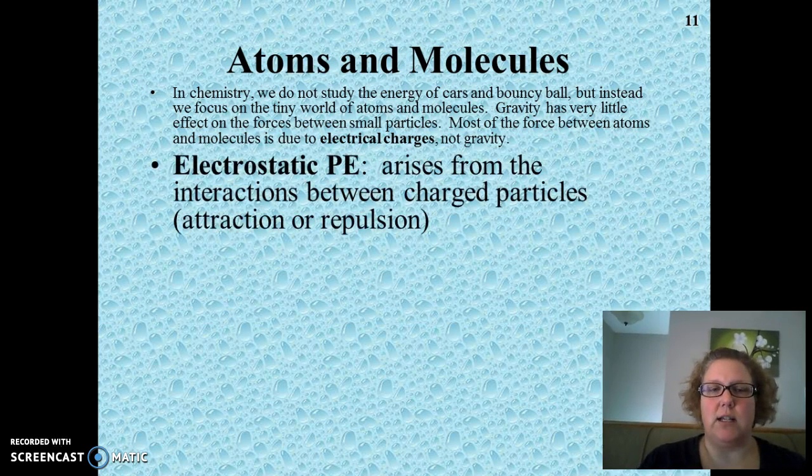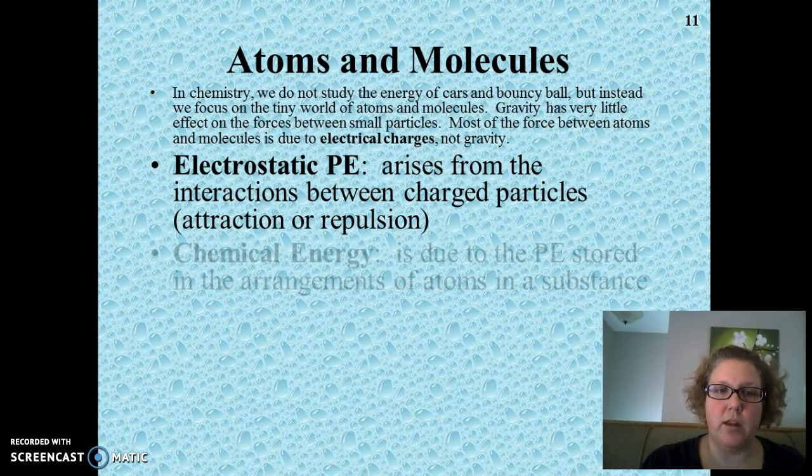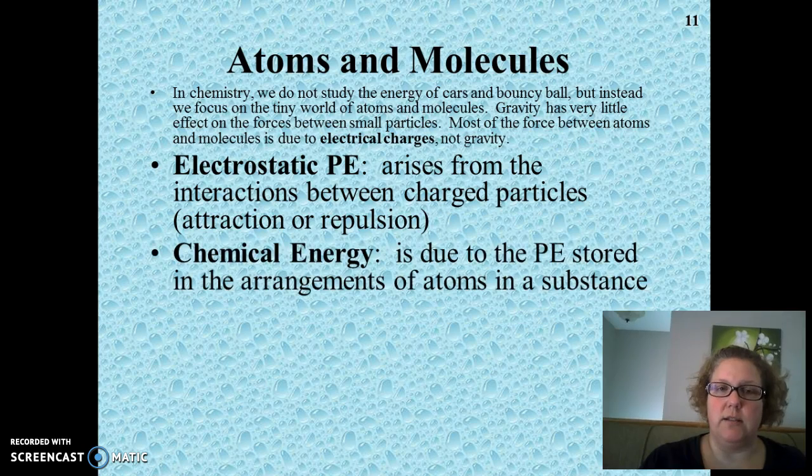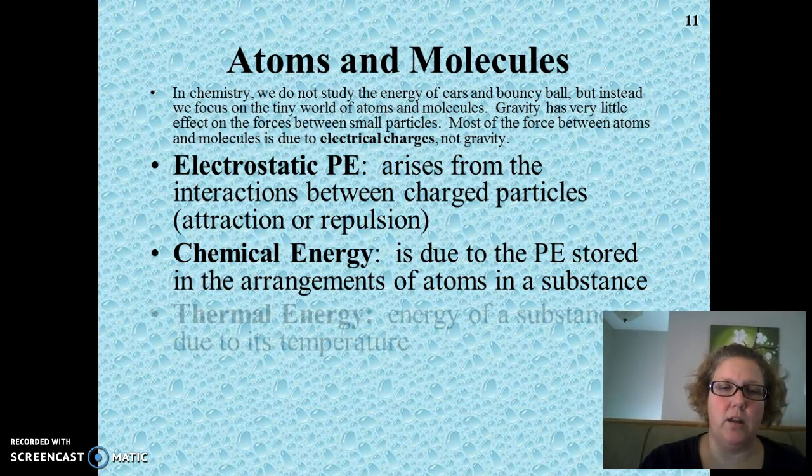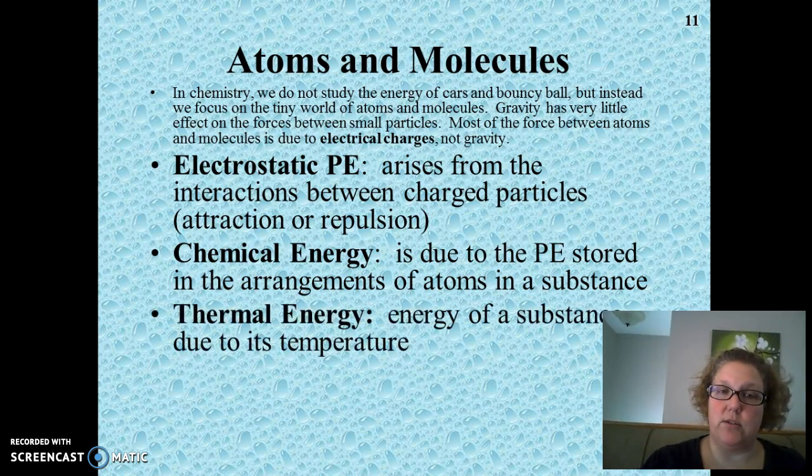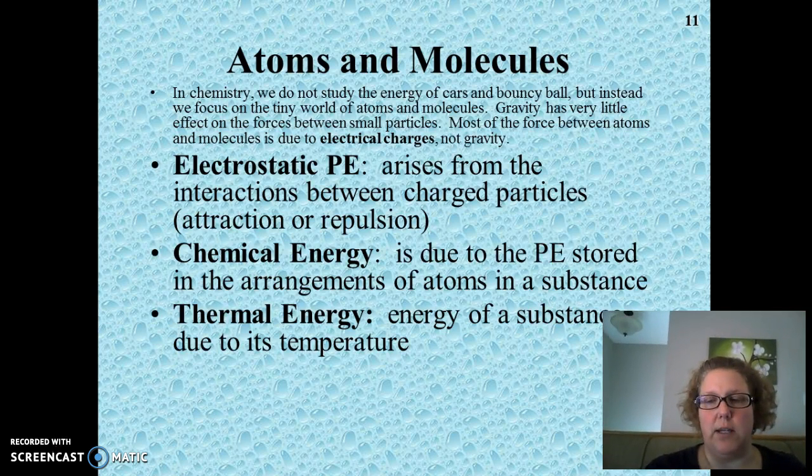So electrostatic potential energy arises from the interaction between charged particles, and that can be attraction or repulsion. Remember, opposites attract.